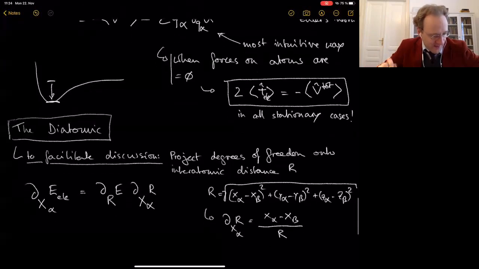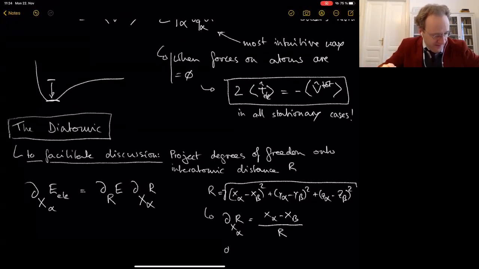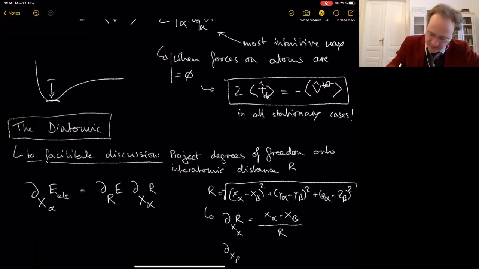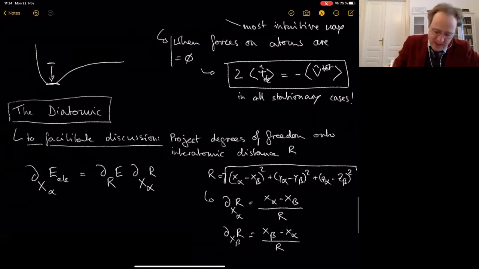And for, if you repeat the same thing for beta, all you get is a change of sign. X beta minus X alpha divided by R. Okay.